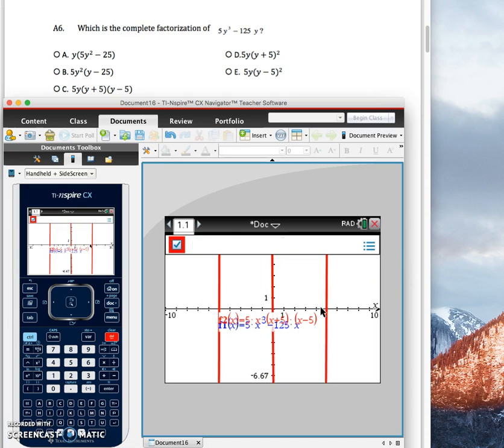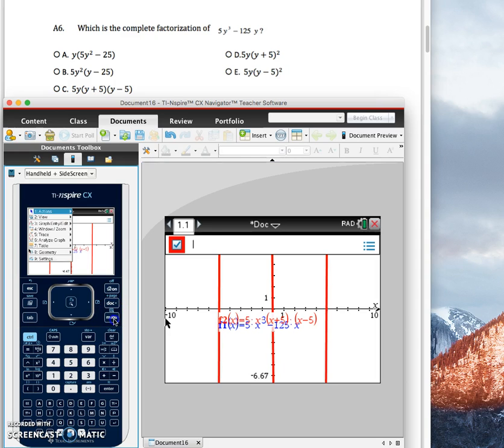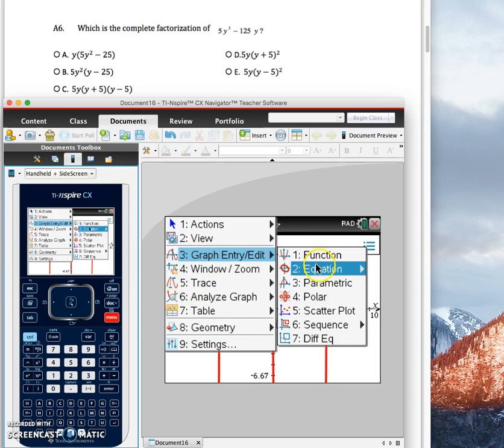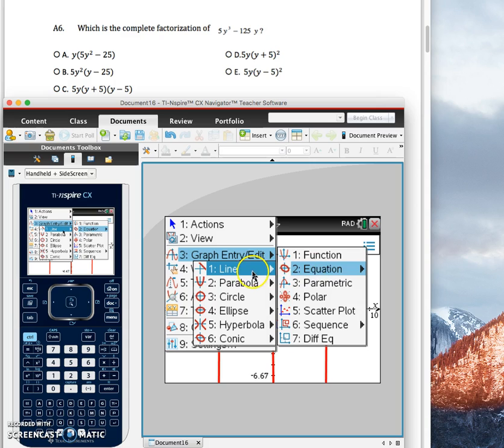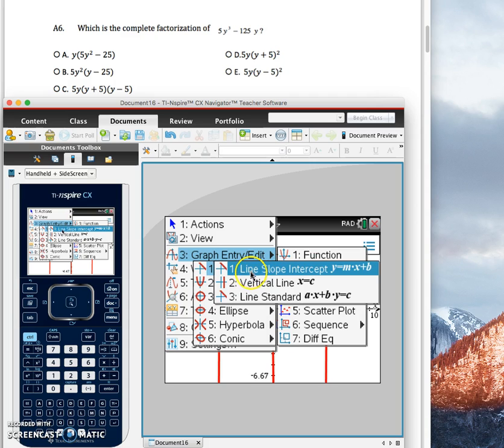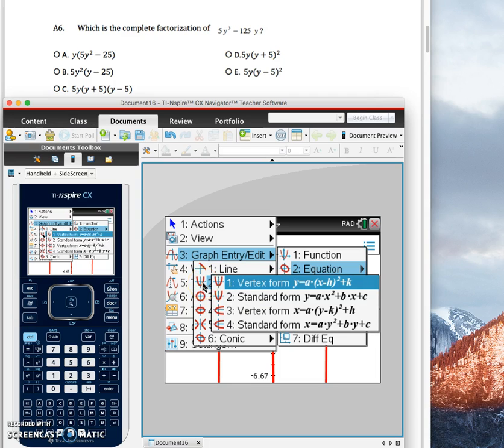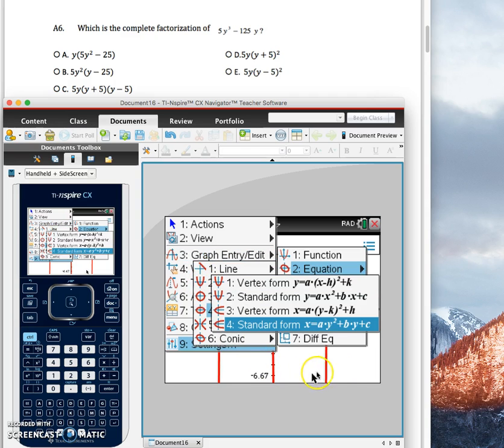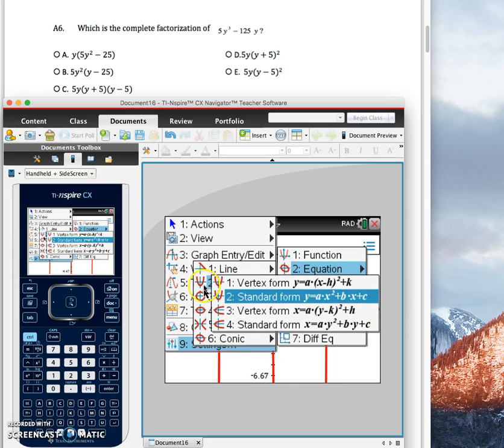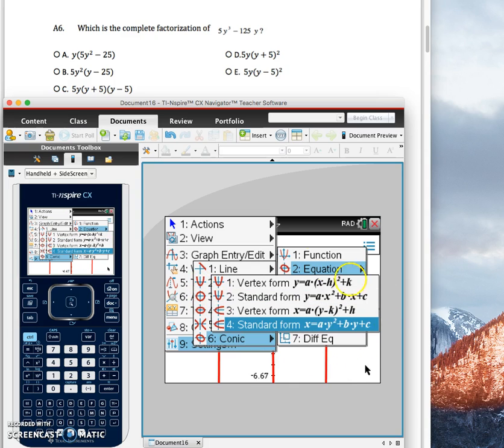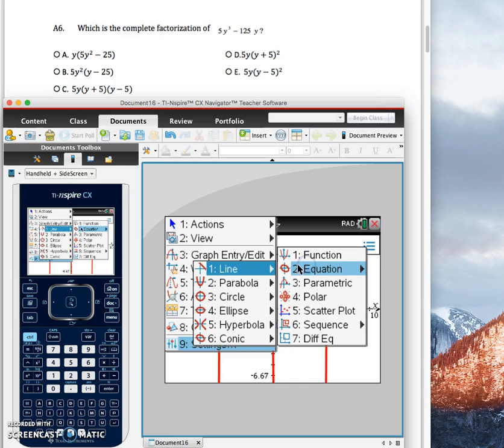Let's try one more thing and then we'll quit. We know the answer is C and we know parentheses are important. Let's go to graph and try equation. Here you kind of have to know which type of equation you have to use. If you don't know which form it's in, then it's probably not wise to go that route, so let's just forget that.